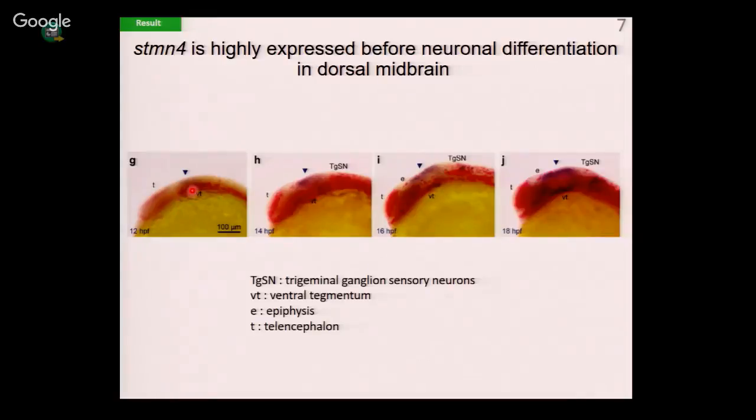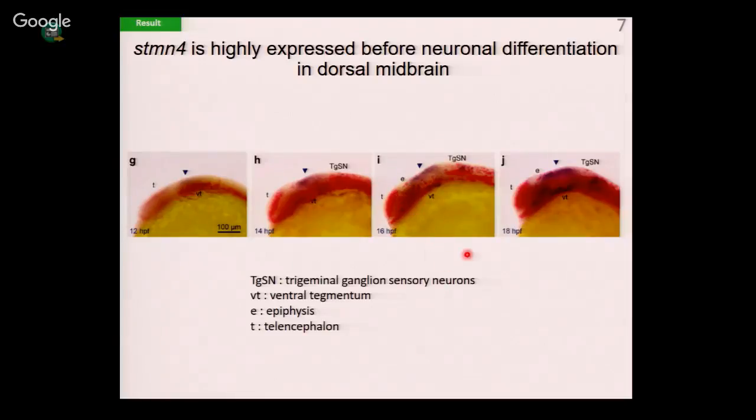As you can see, mature neurons first arose at the telencephalon and ventral tegmentum at 12 hours post-fertilization. They gradually expanded into trigeminal sensory neurons at 14 hours post-fertilization, then the epiphysis at 16 hours post-fertilization. The epiphysis is located within the diencephalon, a part of the forebrain.